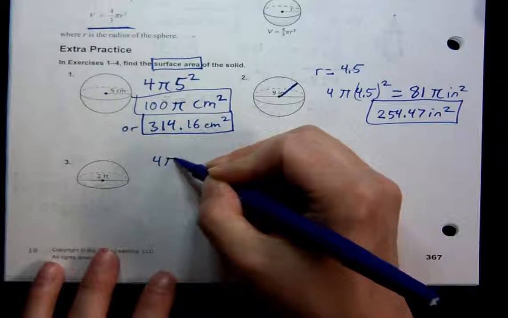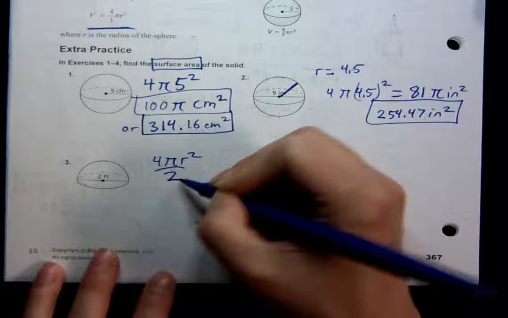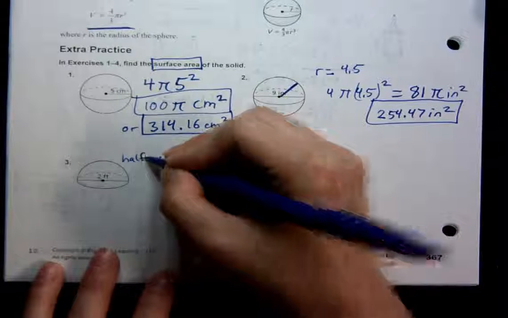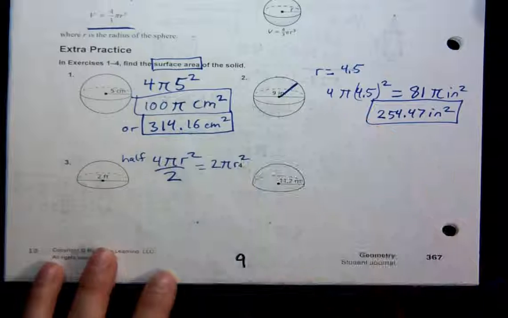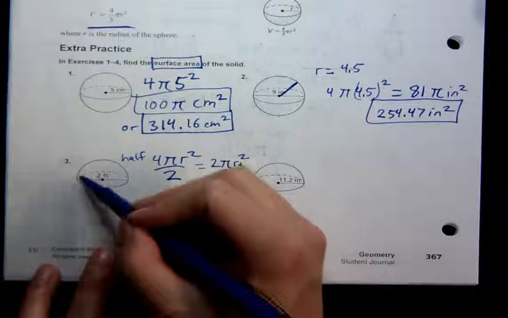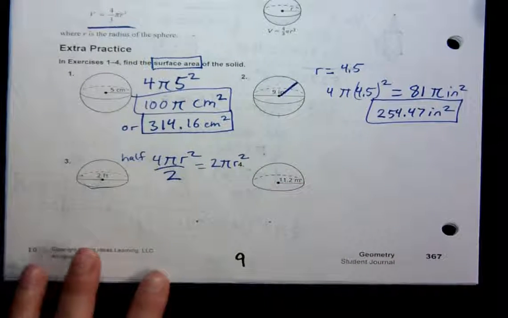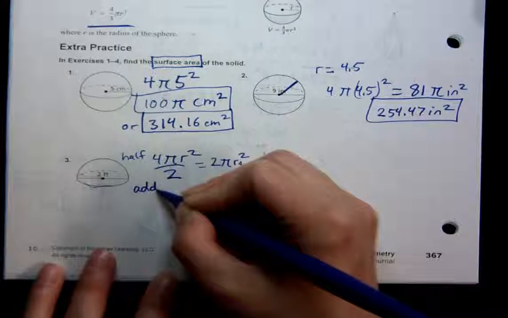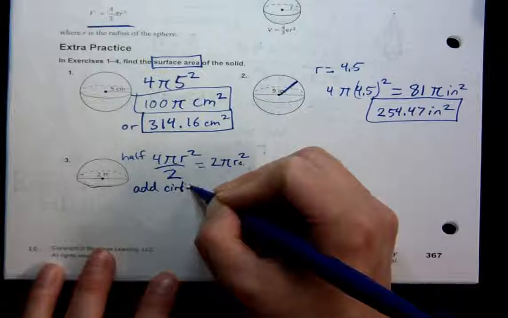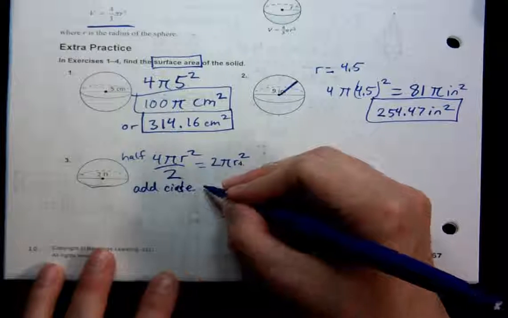So we would do our 4 pi r squared divided by 2 because it's half. And so then that equals 2 pi radius squared. But what about the bottom? Is there a flat circle there too? So we do have to add the circle base because this one has an actual base.